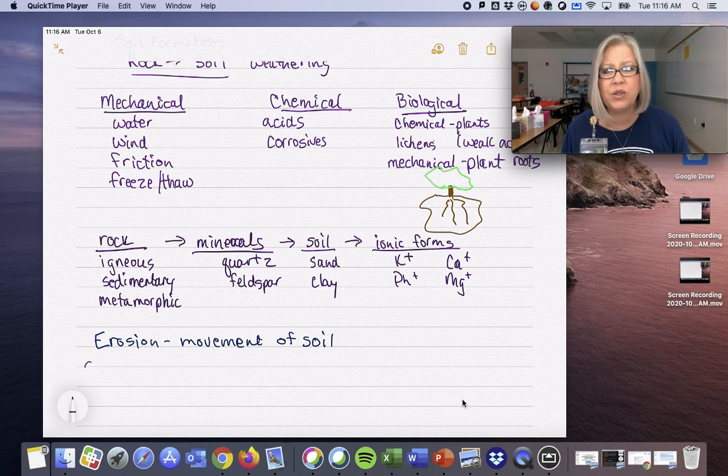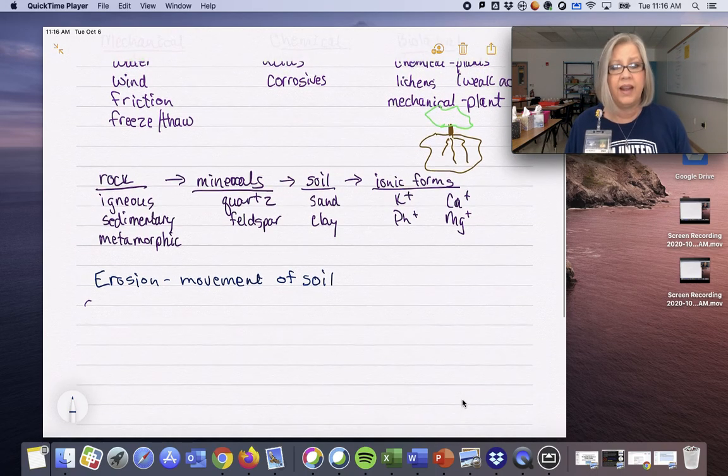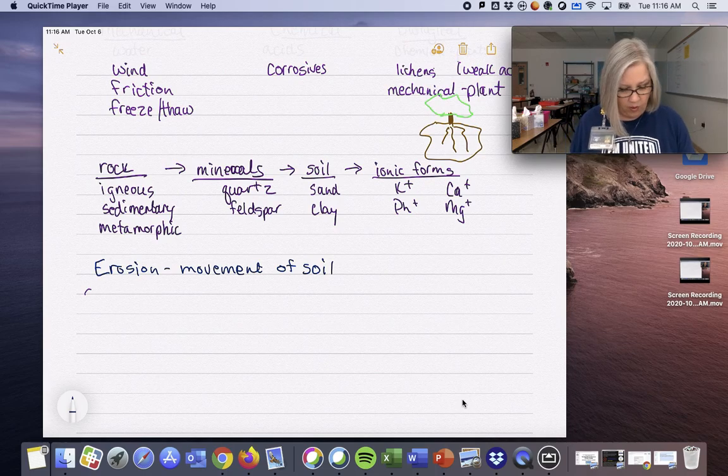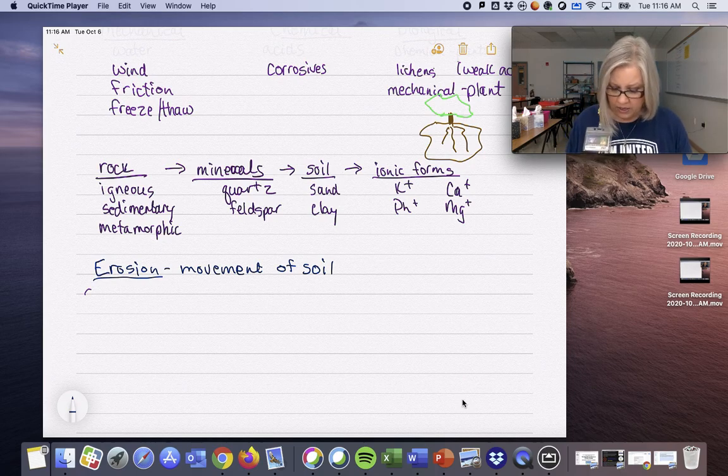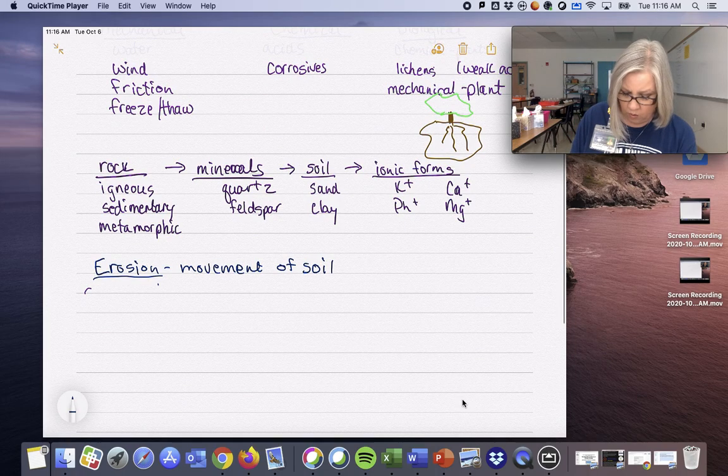So we're taking the soil that we've made or that has been made, and we're moving it from one place to the other. Now, it can come through the same processes as our building of rock, and two of the big ones that move soil around are water and wind.